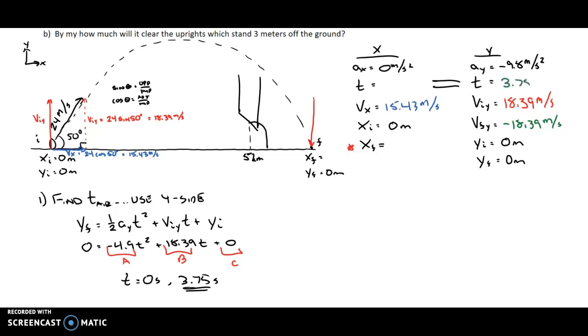It's 3.75 seconds, and it bridges the gap to the other side because the ball is moving in the x direction over the same time period. And so my second step would be to use the time in the air to get my final position.